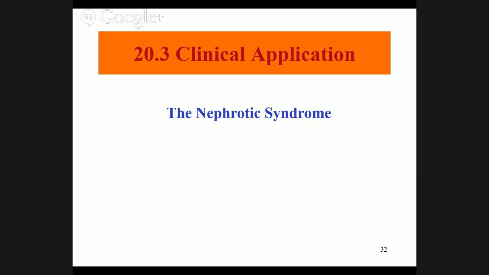20.3 has a clinical application on the nephrotic syndrome. What happens is you have a loss of plasma proteins, proteinuria, which results in widespread edema and increased susceptibility to infection.